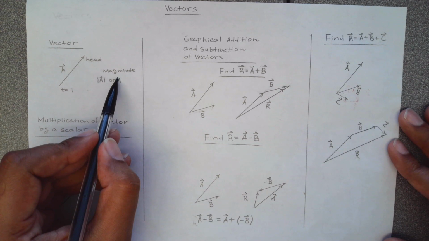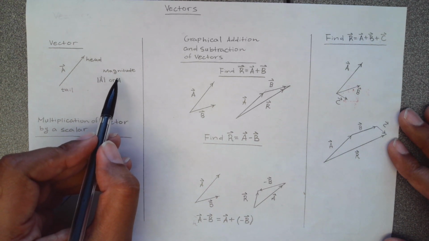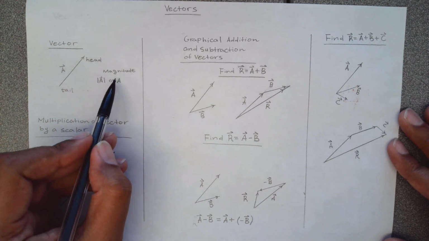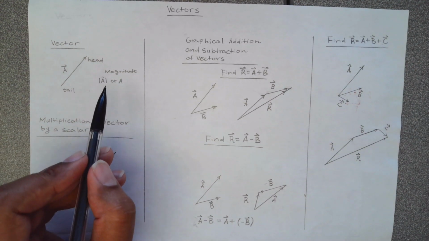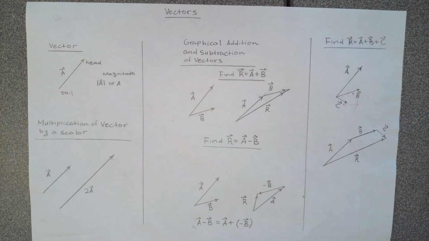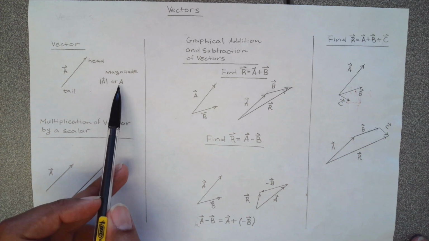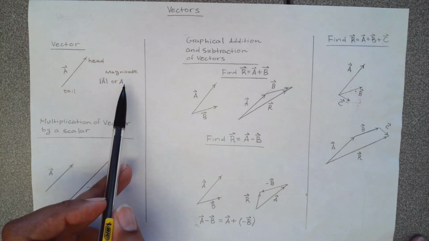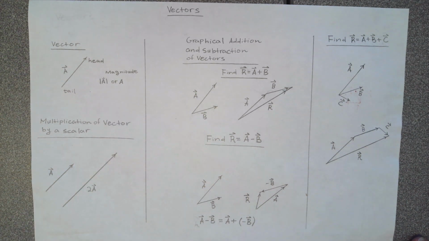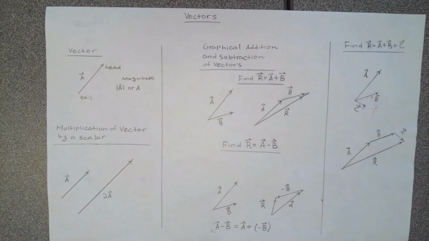Or we can just write the letter A without the vector arrow on top of it, and that will also represent the magnitude of the vector A. Sometimes I'll be using this, sometimes I'll be using that in class to represent the magnitude. So this is how we represent a vector.